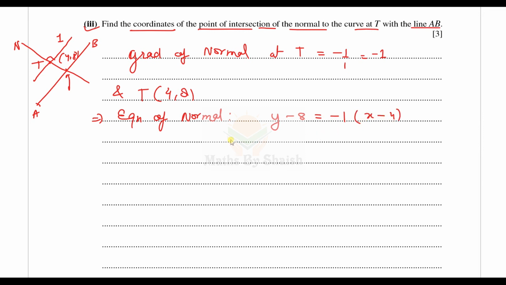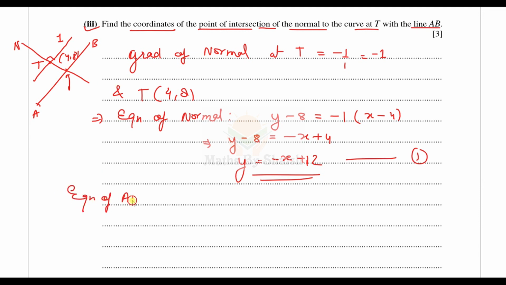So it is going to be y minus 8 is equal to minus x plus 4, or y is equal to minus x plus 12. So y is equal to minus x plus 12 is equation number 1, the equation of this normal.